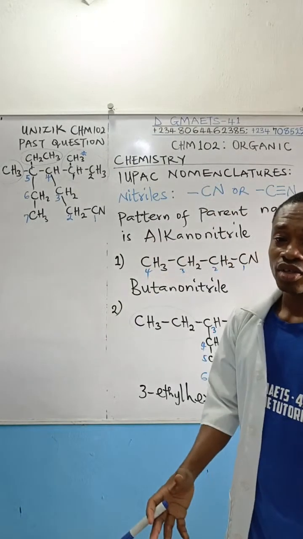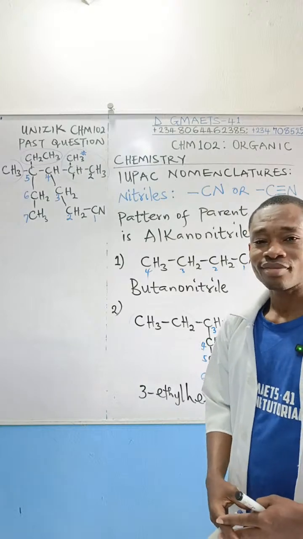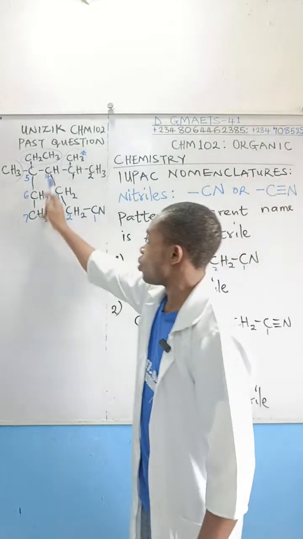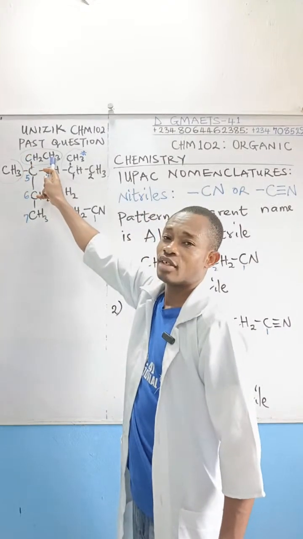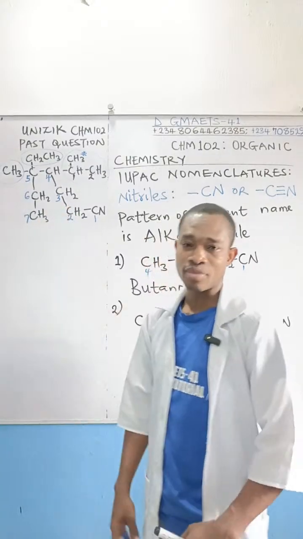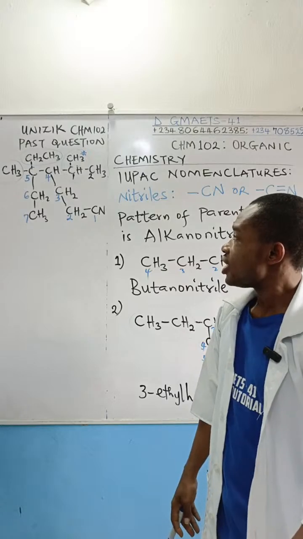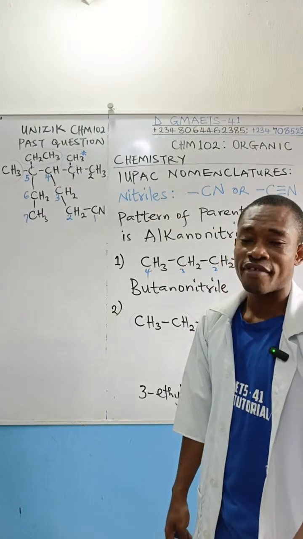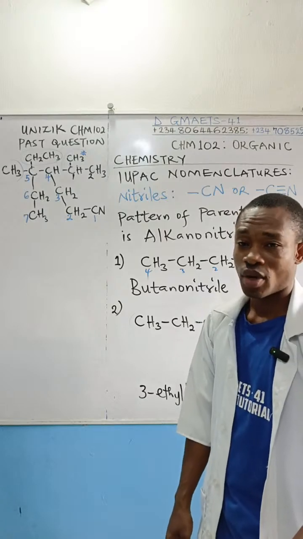However you count, you're still going to get the same IUPAC nomenclature. Even this guy, I went this direction downward instead of going 5, 6, and 7, and then taking this as a substituent. However I do that, I will still get the same IUPAC name. So let us analyze the substituent we have there, the attachment, and then we give the name of this structure as we have here on the board.